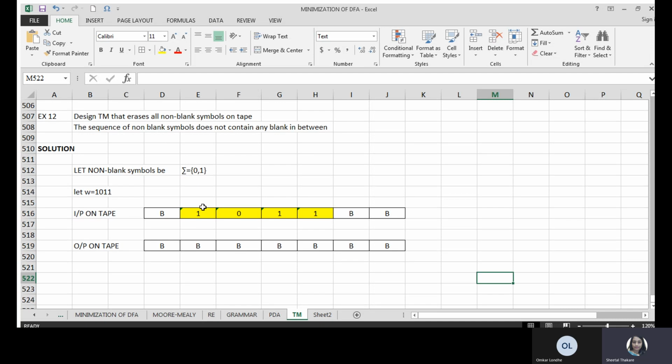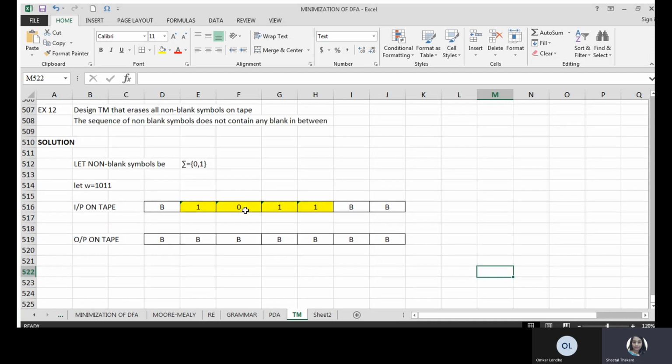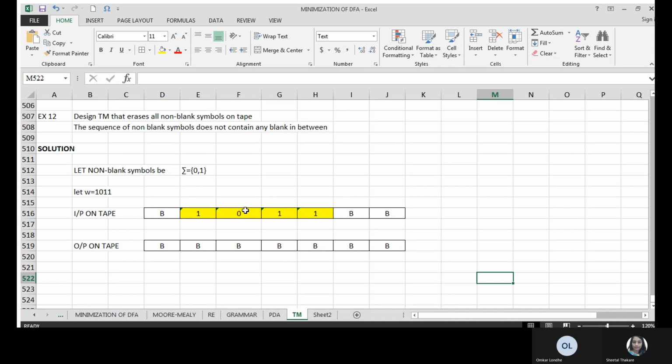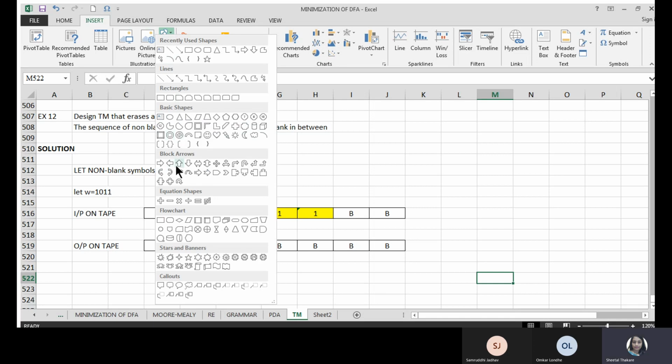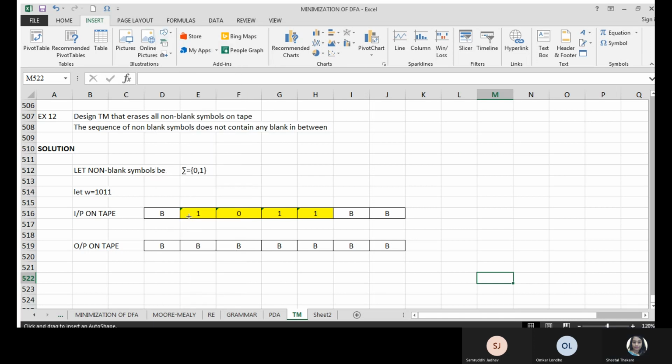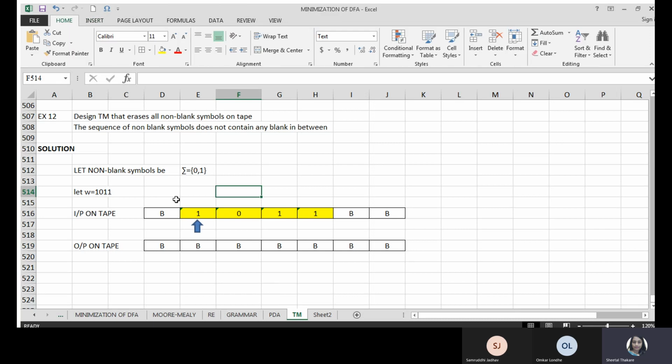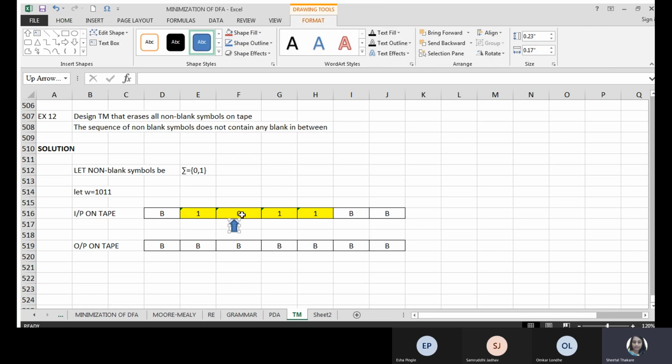So using this logic, take a minute and try to draw the Turing machine. What is the logic? As always, we have started with the leftmost symbol on the input tape. It is a non-blank symbol. As per the given problem statement, you need to erase all non-blank symbols. Erasing means capital B will take its place and you are moving to right.